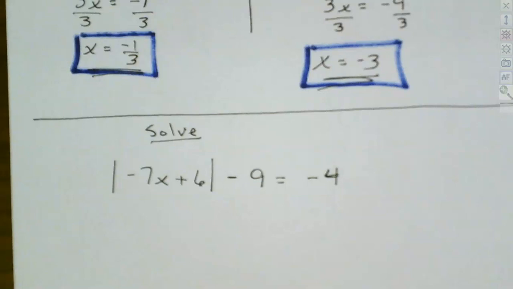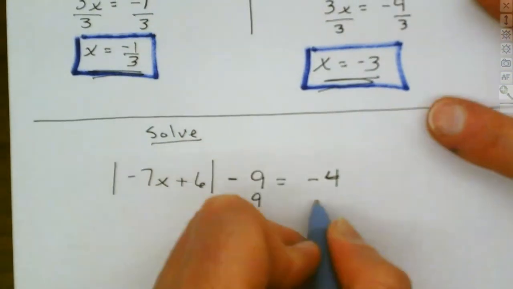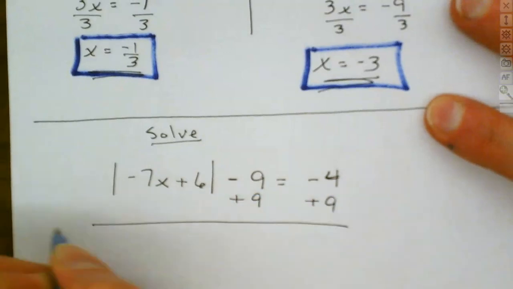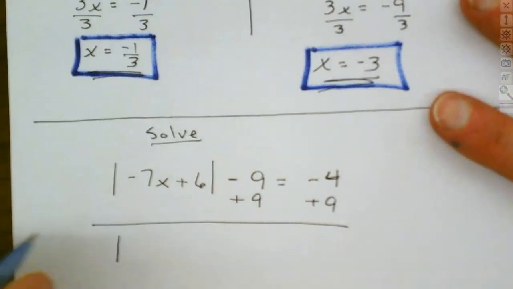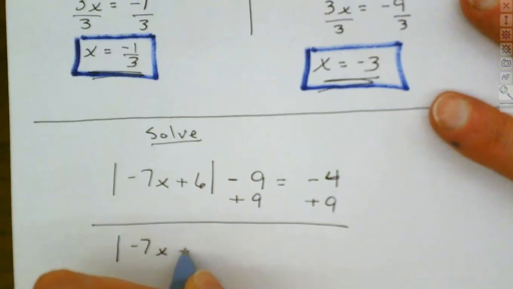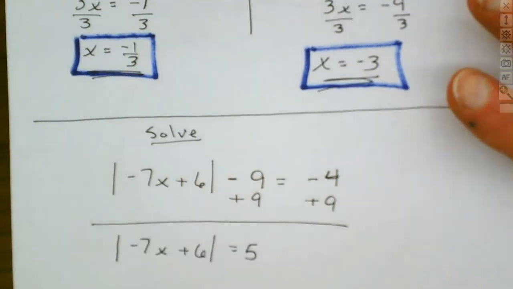When you go to solve this, you have to have the absolute value by itself on the left. So only the absolute value is allowed to be on the left. So let's go ahead and move that 9 over with addition. And that is then the absolute value of -7x plus 6 equals 5.